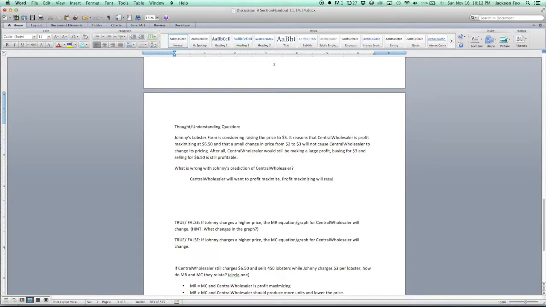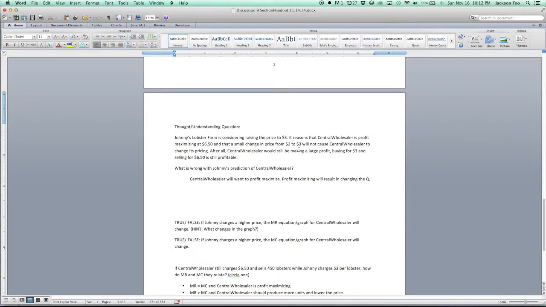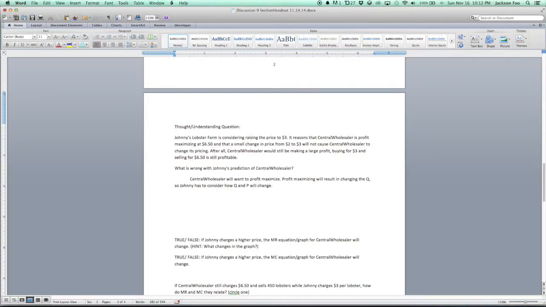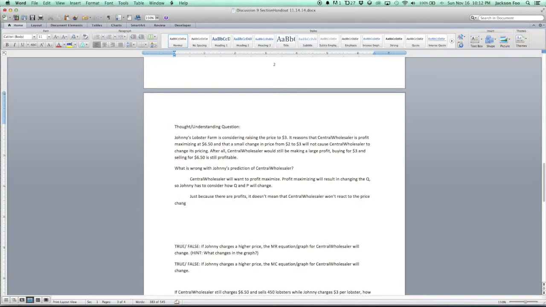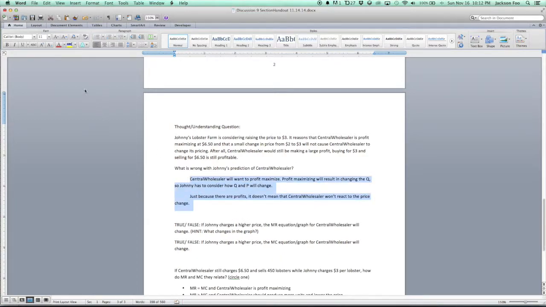So profit maximizing will result in changing the Q, which we have shown you here. Johnny has to consider how Q and P will change. It's not as simple as just because there are profits, it doesn't mean that central wholesaler won't react to the price change.